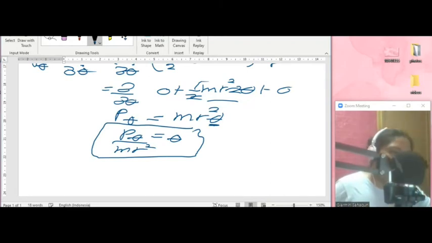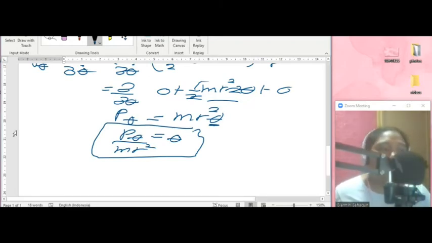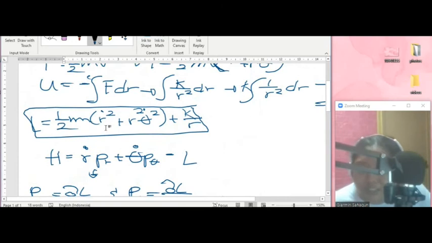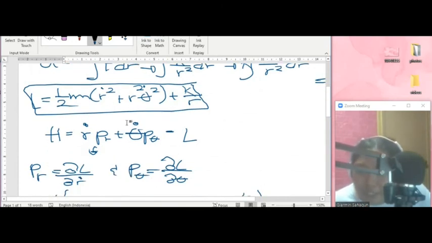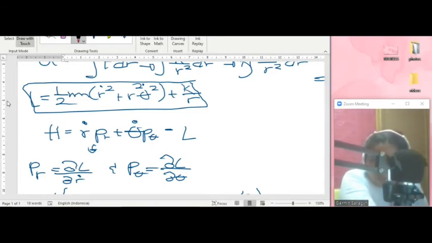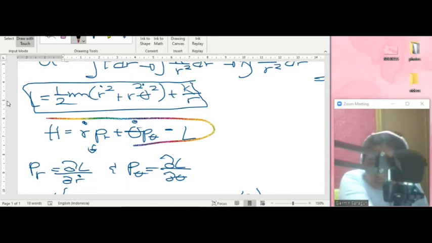Now, we want to calculate the Hamiltonian of the particle. So, now that we have this, and this, and this, we can use this equation here, the Hamiltonian.